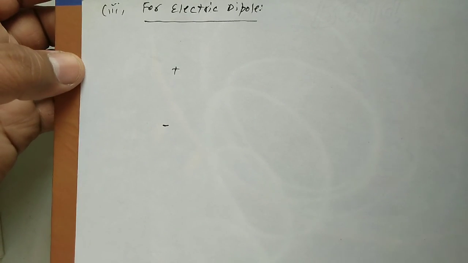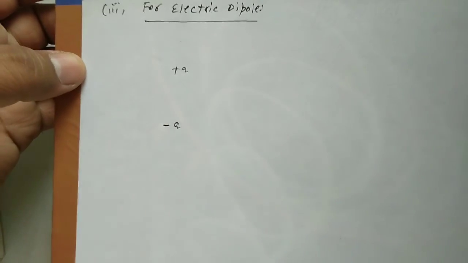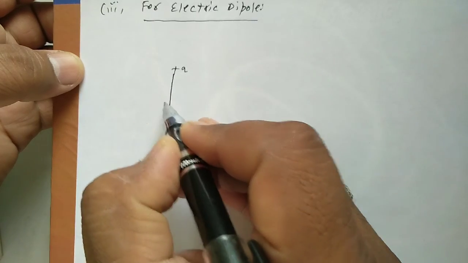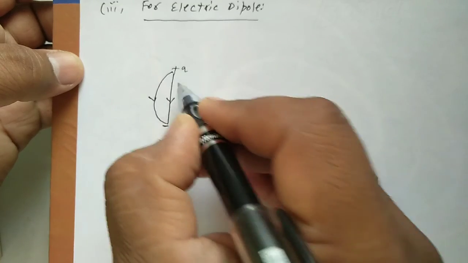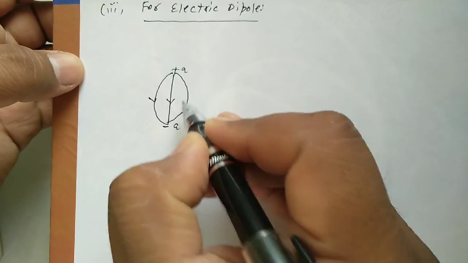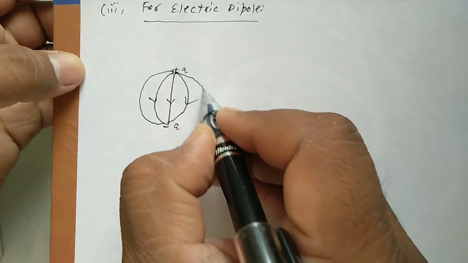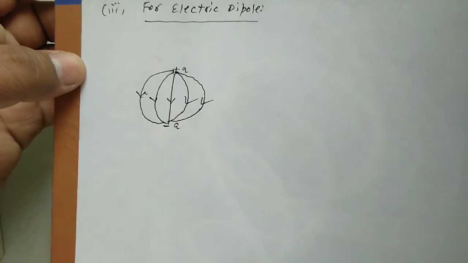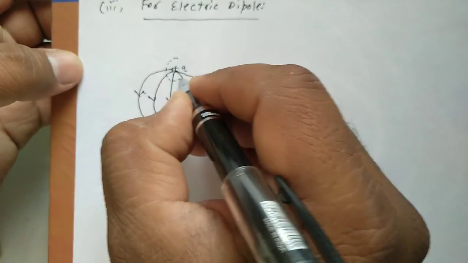Next is for an electric dipole. Positive charge, negative charge. We know the direction of the electric field line is positive to negative. This is the electric field line, positive to negative. This is the first equipotential surface.